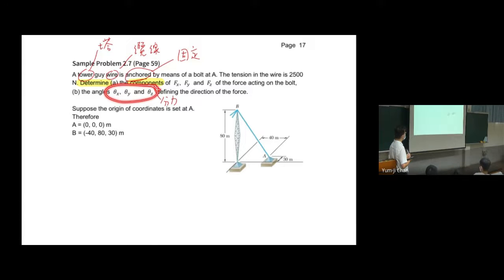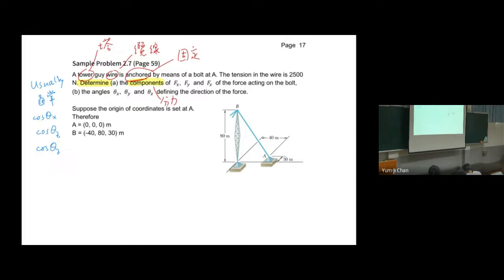We want to determine the angles, but usually we want to know the direction cosines. Usually we want to know cosine theta x, cosine theta y, and cosine theta z, right? But in this question, it asks that we determine the angles theta x, theta y, and theta z. So let's work on it.